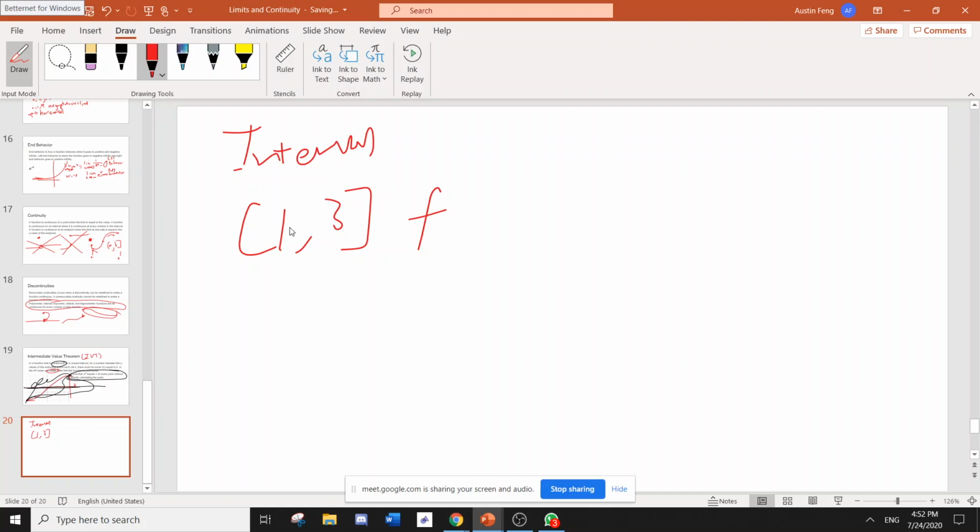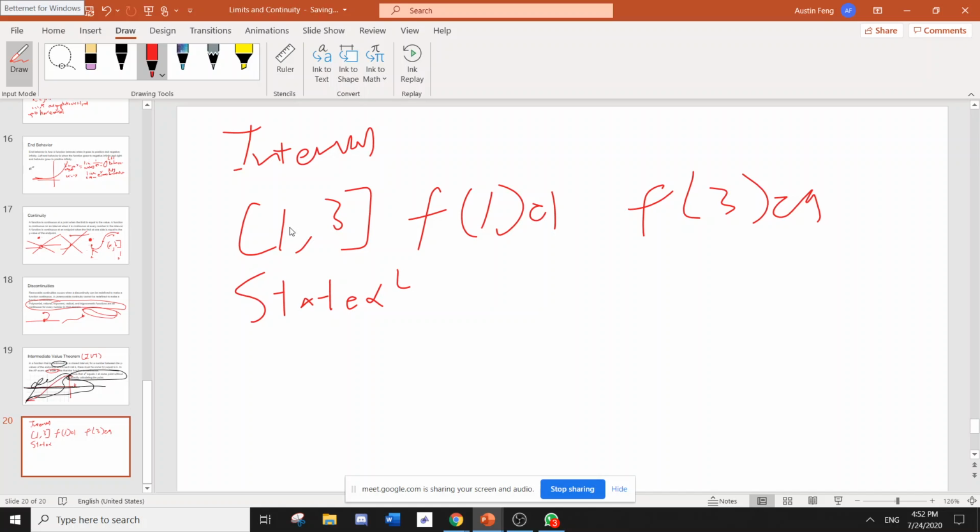Now we see f of 1 is equal to 1, f of 3 is equal to 9. We state x squared is continuous. You have to do this in the AP exam, because they'll deduct points. It's 1 point, but 1 point is a lot in an FRQ, so you should state it. So here on our function, this is (1, 1) and this is (3, 9).